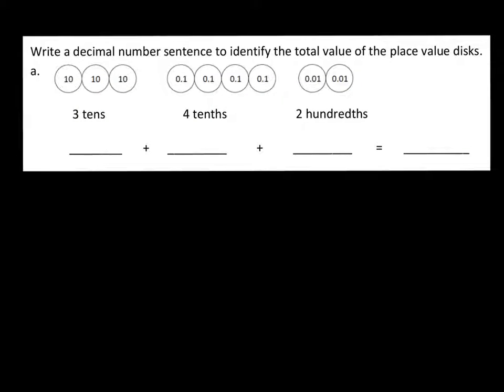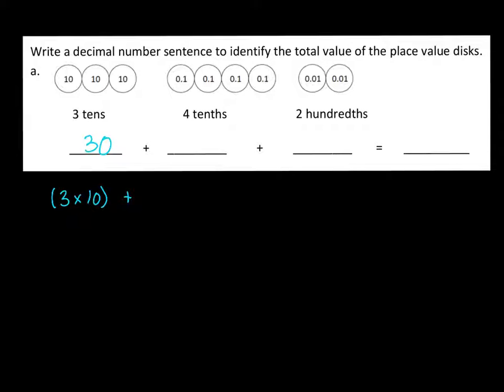All right, I'm going to write a decimal number sentence to identify the total of the place value discs. All right, so 3 tens. Well, that's basically, again, what we've been doing. We have 3 copies of 10, which would give us 30.